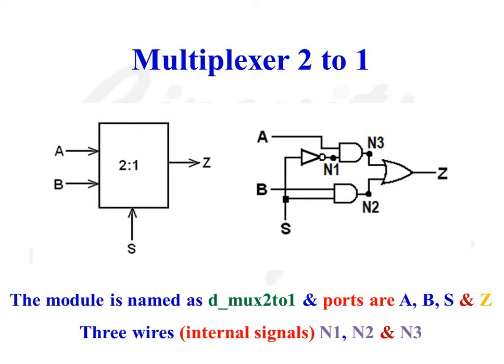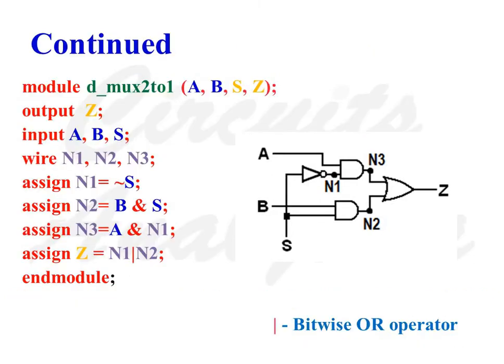In the internal diagram, we can see 3 signals or wires mentioned as N1, N2 and N3. N1 is the output of the NOT gate, while N2 and N3 are the outputs of the 2-input AND gates. This is the Verilog HDL code for a 2:1 multiplexer.